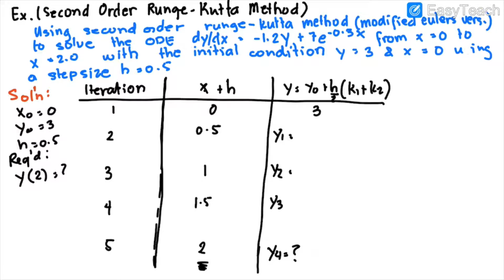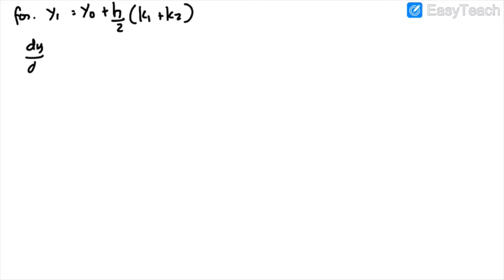By doing so, let's move first to the value of y1. For the value of y1, that is simply equal to y naught plus h over 2 times k1 plus k2. Remember that dy over dx is simply equal to negative 1.2y plus 7e raised to negative 0.3x. The k1 is then computed by the function of x naught and y naught.